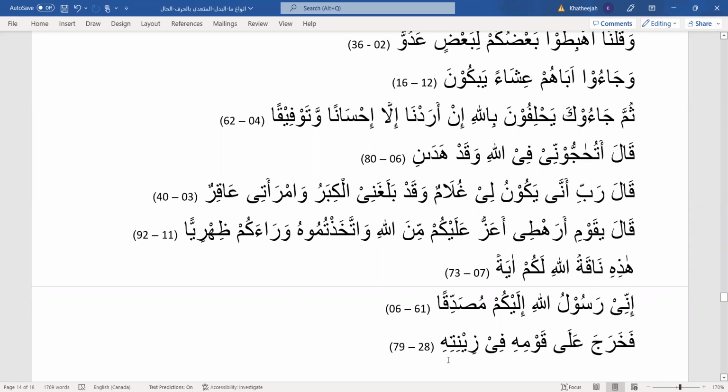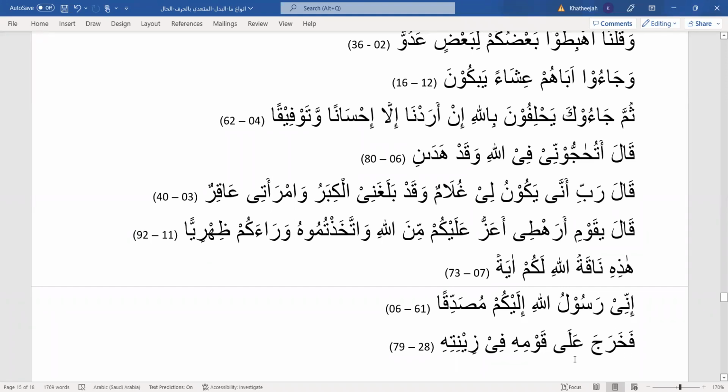So what is fi zinatihi? It is a jar majroor. Zinatihi is mudaf mudaf ilayhi, and fi zinatihi will be jar majroor. And this jar majroor is describing the condition of he, the one who exited.